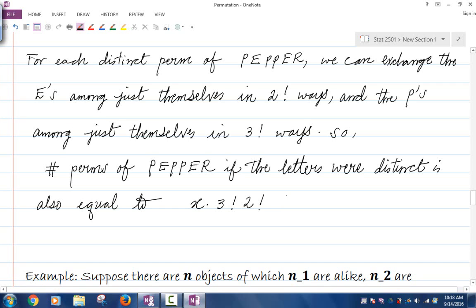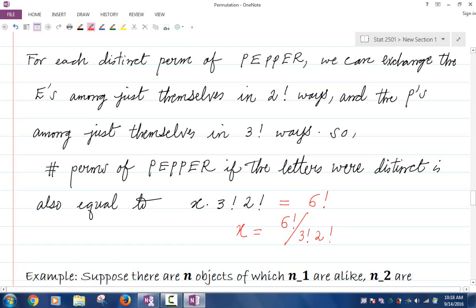Well, that's supposed to be the same as 6 factorial then. Well, then I can solve for x and say that x is 6 factorial divided by 3 factorial times 2 factorial. Is that making sense? So what am I getting the answer to be?